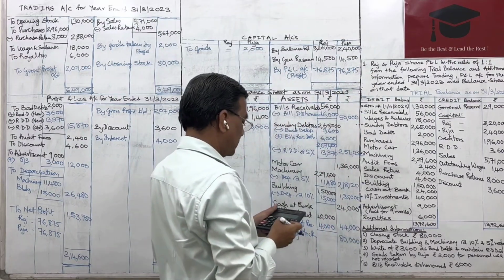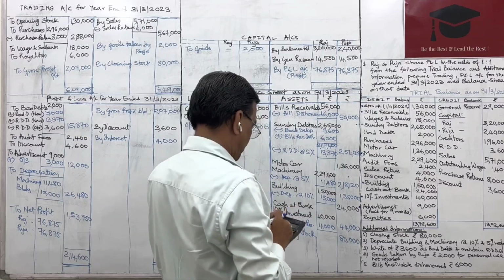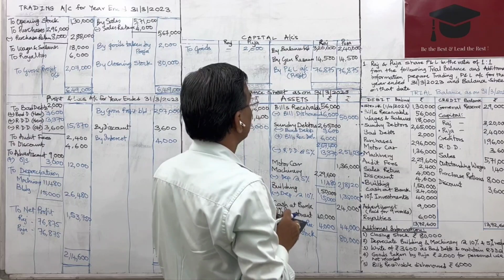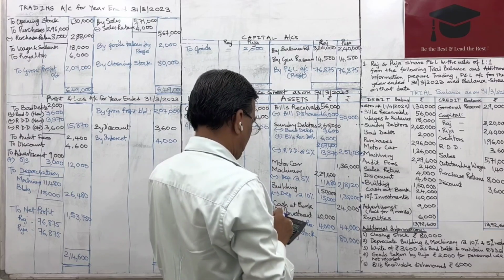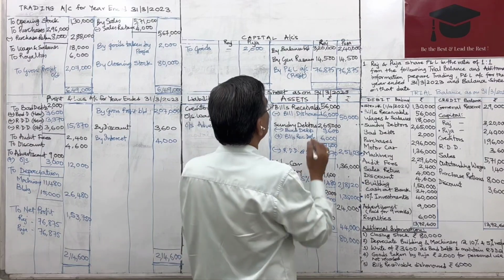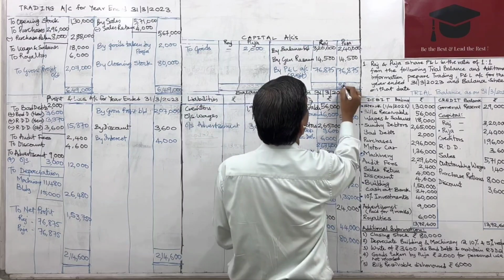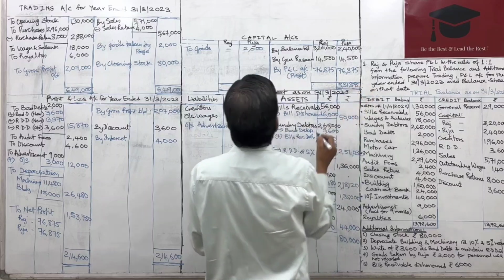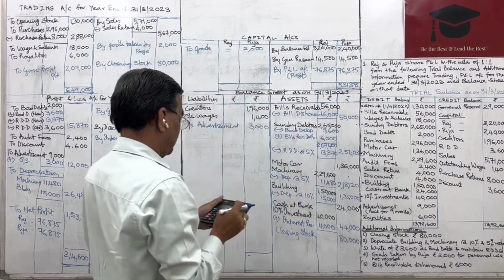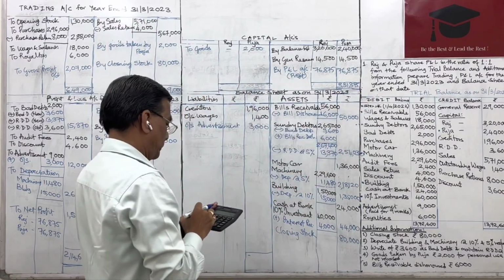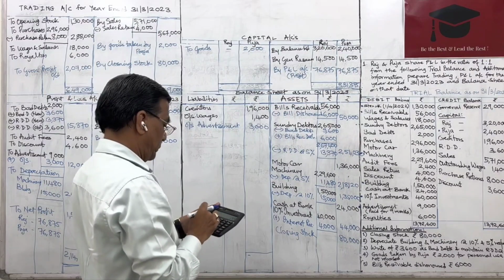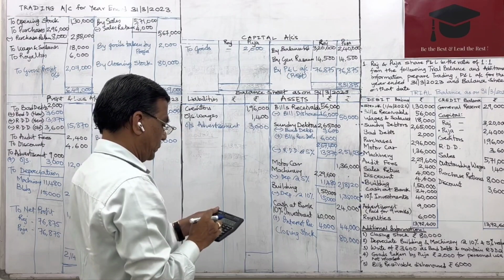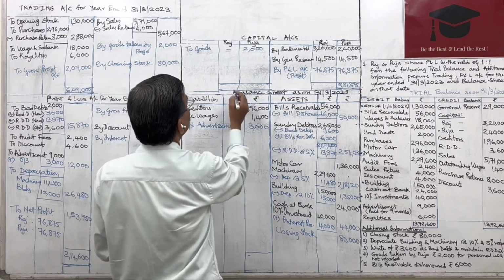Now we take the total. Three lakh 3,31,375.